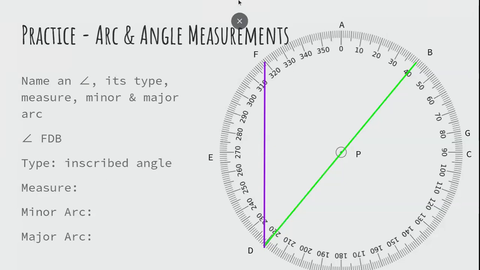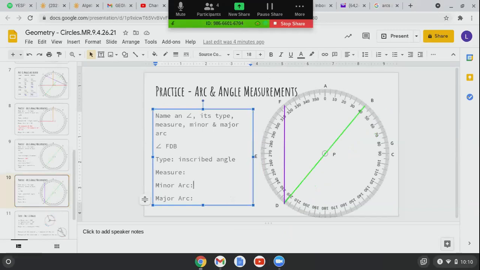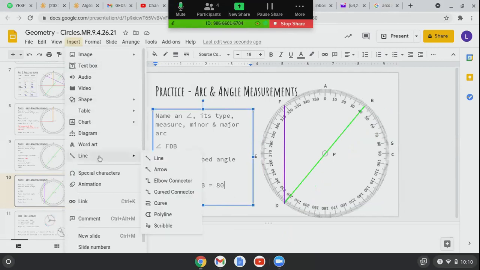All right, so now we got the arc from F to B, and we know it equals 80 degrees. So you went from F to the right to end at B. Now go the other way.